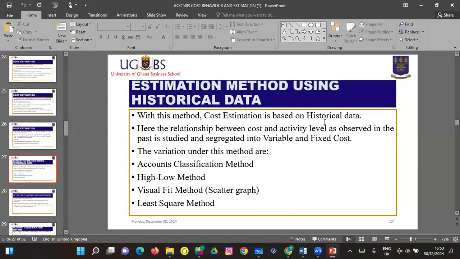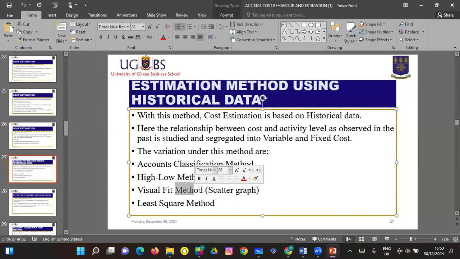So here, the relationship between cost and activity level observed in the past is studied and segregated into variable and fixed cost. The variations under these methods are the account classification method, the high and low method, and I told you the high and low method is our main objective for this particular session. Then the visual fit method, which is the scatter graph, and then the least squares method, which involves a whole lot of calculations, maths.